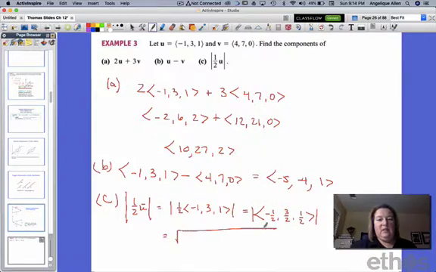So the length is going to be the square root of (-1/2) squared plus (3/2) squared plus (1/2) squared. All right, so we've got 1/4 plus 9/4 plus 1/4, which is the square root of 11/4. And I would not want you to leave a fraction under a radical, so please say the square root of 11 over 2.